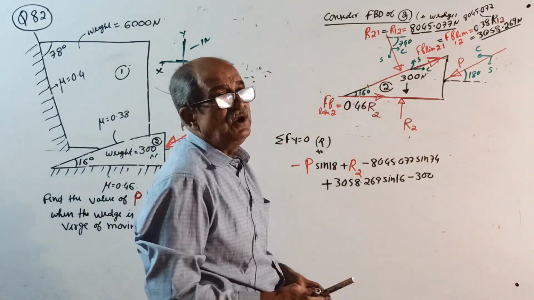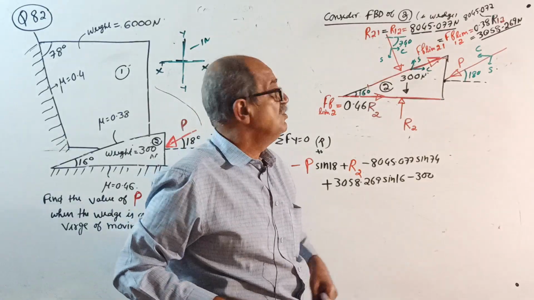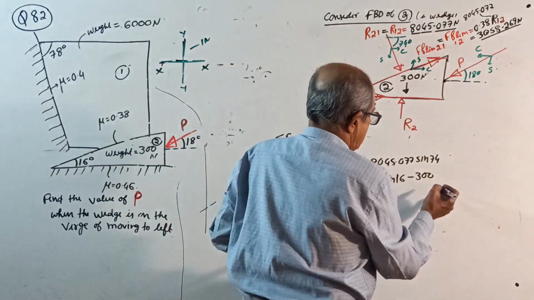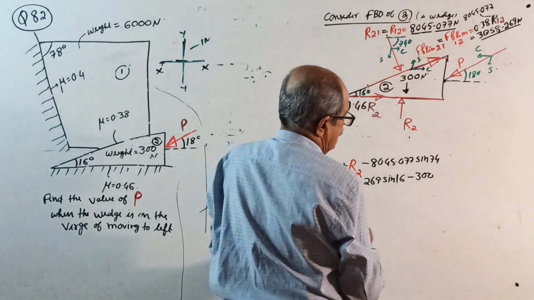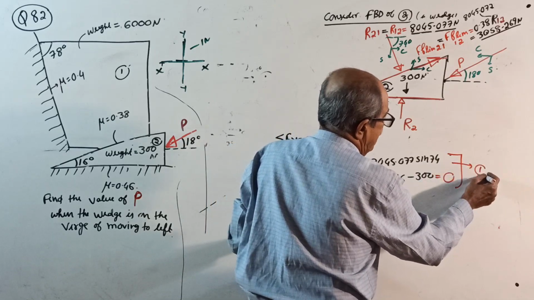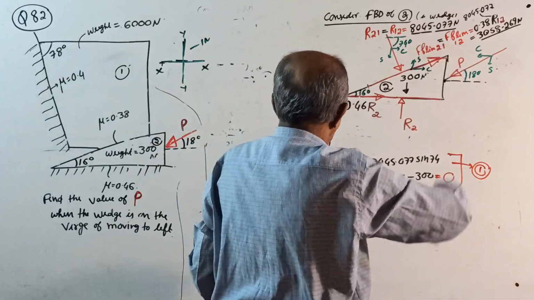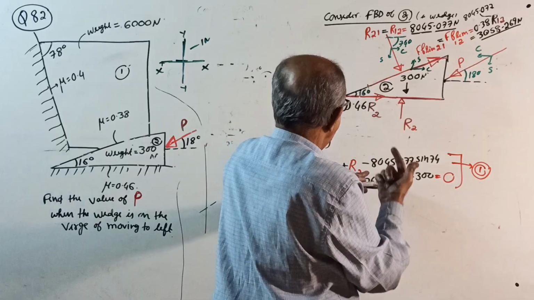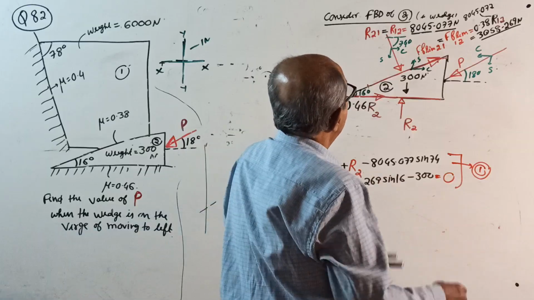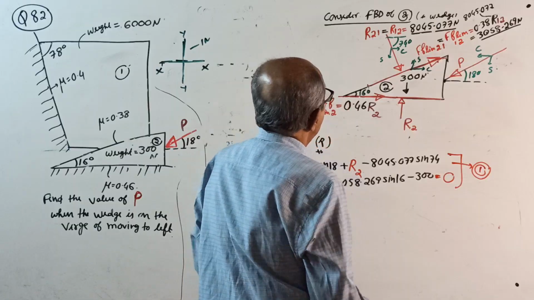If they tell weight of wedge is to be neglected, or if the weight is not given in the question, understood, weight of wedge is ignored, don't write 300, put 0. Equal to 0. Call this equation number 1, double round 1. Okay, correct answer: minus P sine 18 plus R2 minus 8045.077 into sine 74 plus 3058.269 into sine 16 equals 0.